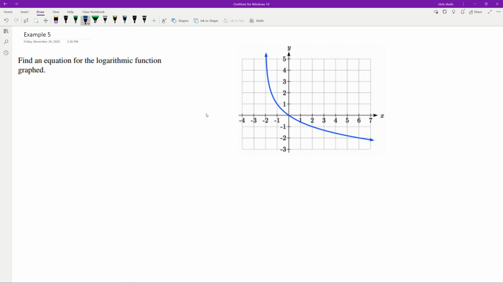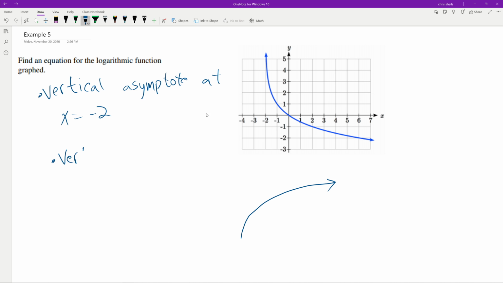From this graph, it's pretty reasonable to say that I have a vertical asymptote at x equals -2, and let's see, normally logarithms go like this in terms of their graphs. So this has also been vertically reflected.